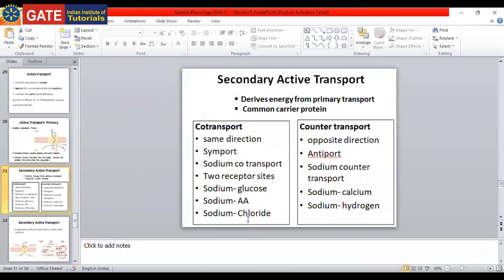That is when you call it counter transport. Am I clear? Yes, ma'am. So how do you derive the energy? By the pumping of the initial primary transport, you are creating more sodium outside, which is why secondary active transport is said to derive its energy from primary active transport.